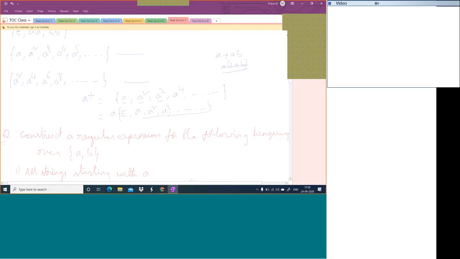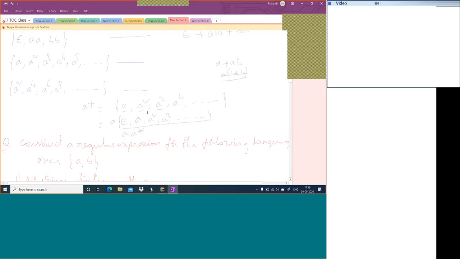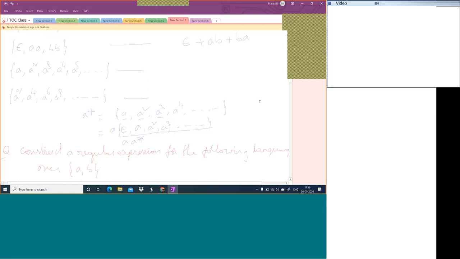This whole is A star. And before that, A. So this is A square, A cube, and so on.